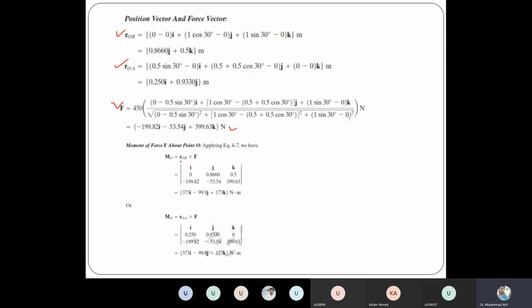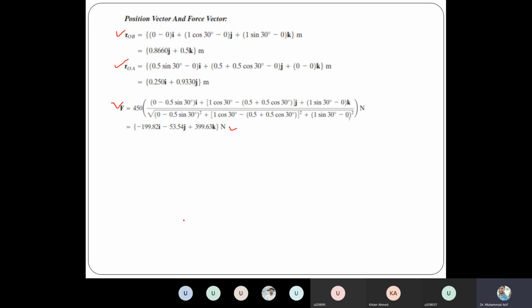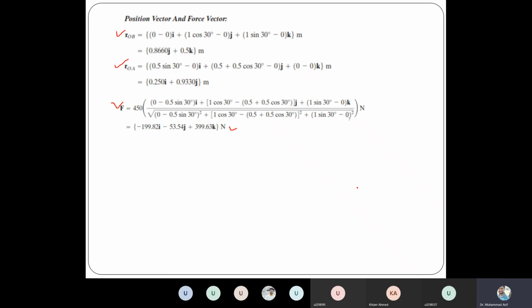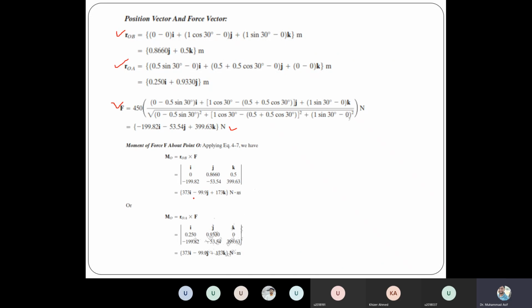We can take the cross product using either OB or OA, because both lie on the line of action of the force, so both will give you the same answer.